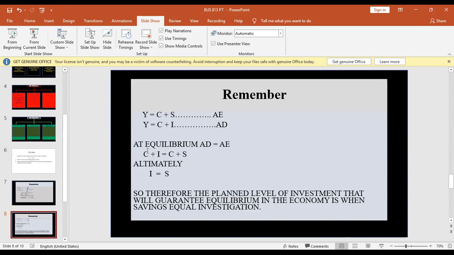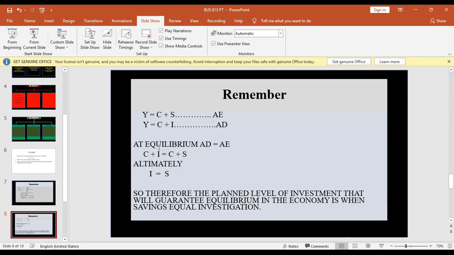Now, we know that at equilibrium, aggregate demand equals aggregate expenditure, it is in the note. If Y plus C plus S is aggregate expenditure, and C plus I is aggregate demand, when you equate the two of them, consumption will cancel consumption. You have investment equals what?